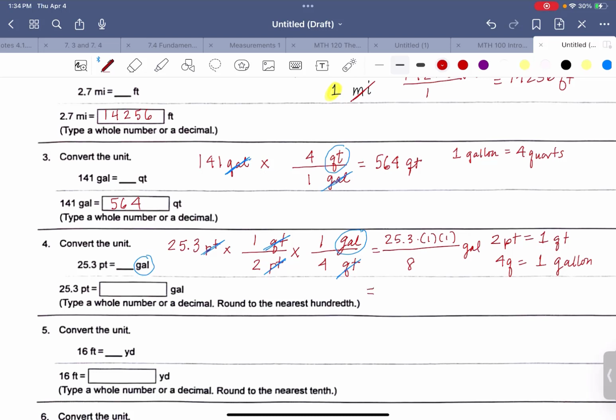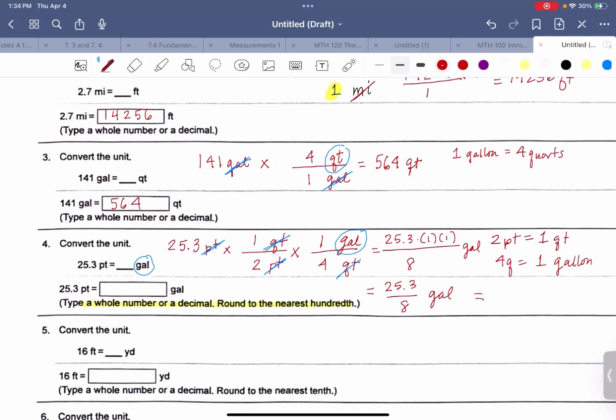So I have to take 25.3 and divide it by 8 to get the number of gallons that I have. Now notice that they want me to type a whole number or a decimal to the nearest hundredth. So if this doesn't come out evenly, I have to round to 2 decimal places.